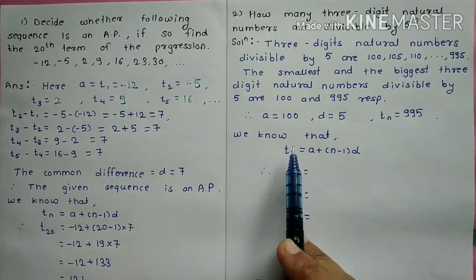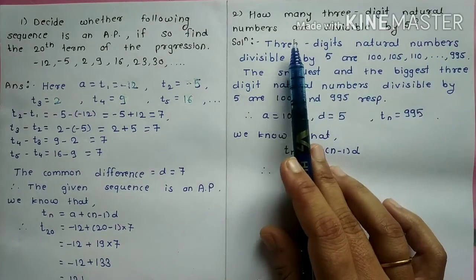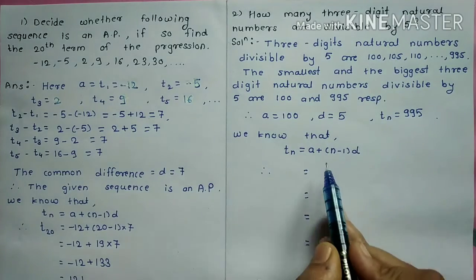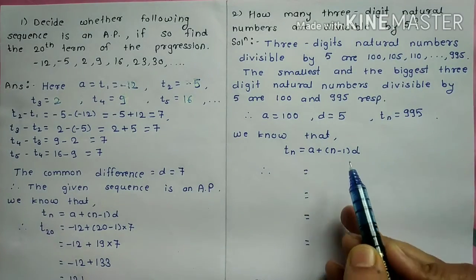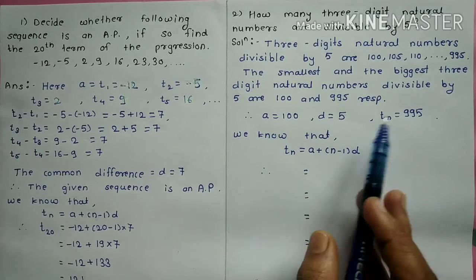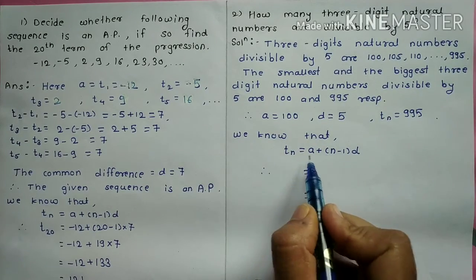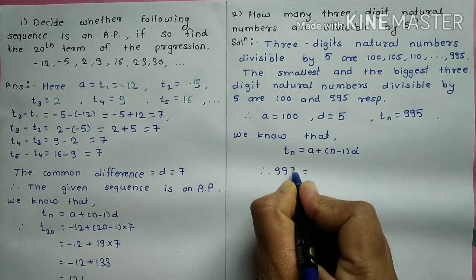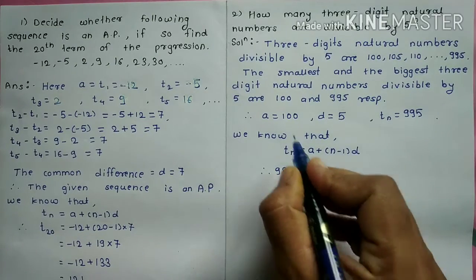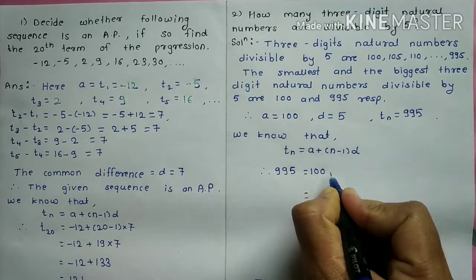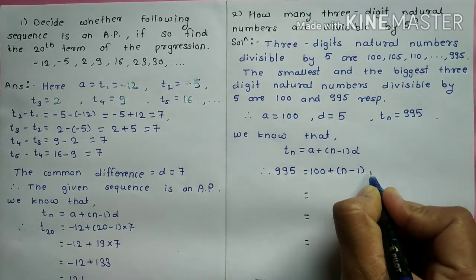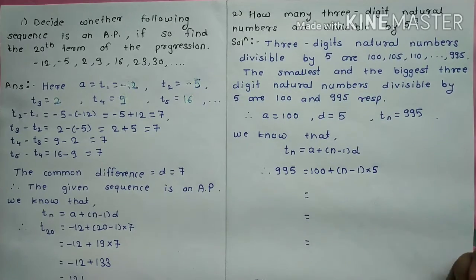We have to find how many 3-digit natural numbers are divisible by 5, which means we have to find the value of n. Now substitute the values in this formula. Tn is 995 equal to A, which is 100, plus n minus 1 and D is 5.